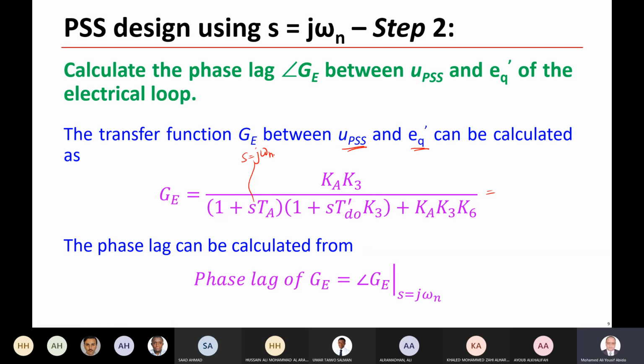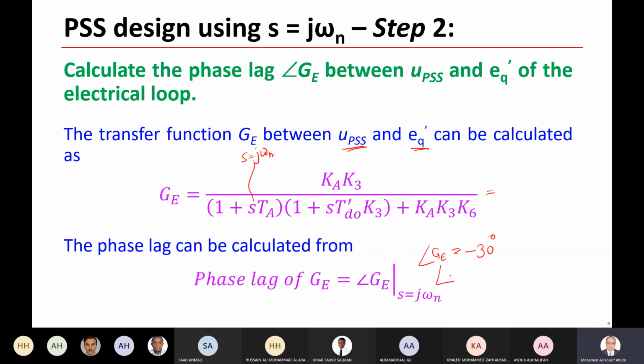Now we calculate the phase lag. So we can get now the angle requested from the power system stabilizer. If this angle is minus 30 degrees, then this is the angle of GE.